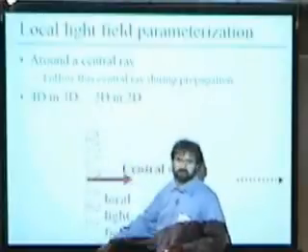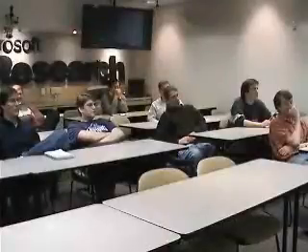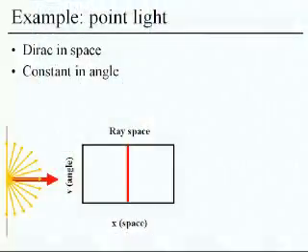So we've got 2 dimensions on the plane and 2 dimensions for the direction. And we're going to parameterize it with a spatial component and an angular component. And I'll be extremely hand-wavy about the angles. Sometimes it's going to be the tangent of the angle. Sometimes it's going to be the angle itself. But we'll just say that the tangent and the angle are the same thing.